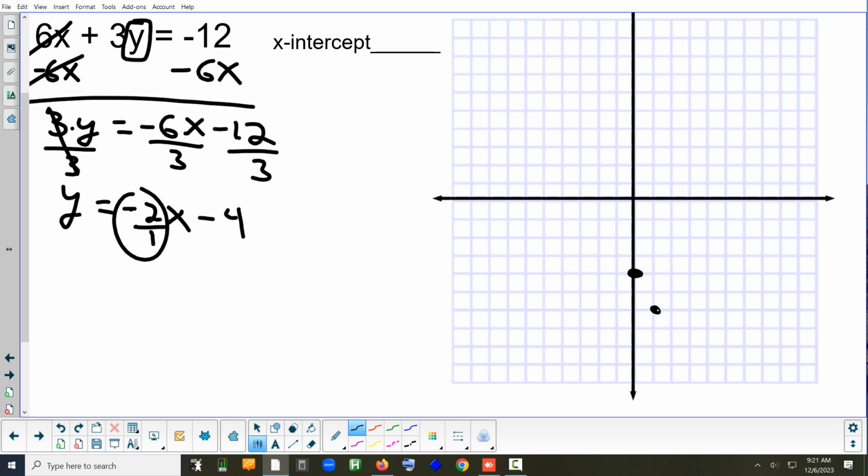On Edgenuity, that's all you'll have to do. And when you click that second dot, it's going to draw your line. When I'm doing it by hand, I usually do it a couple times: down two, right one, down two, right one. You can do it as many times as you want. And once you see the pattern, you could also go back the other way if you wanted.